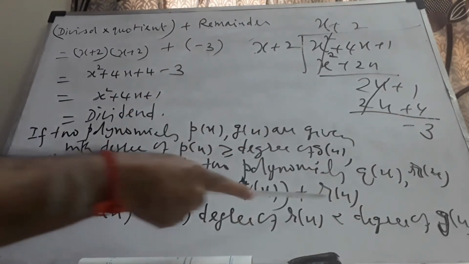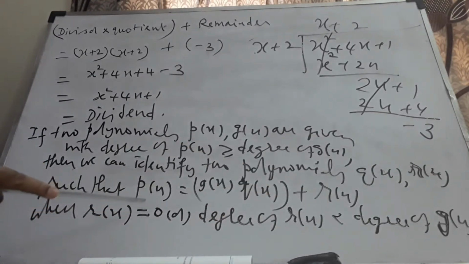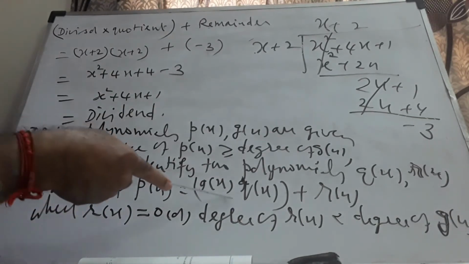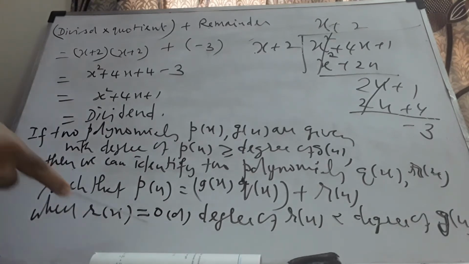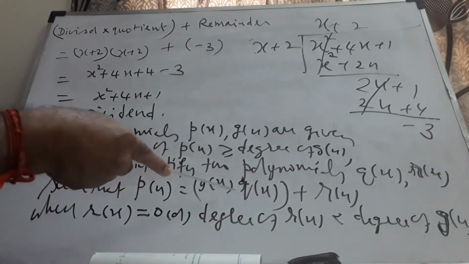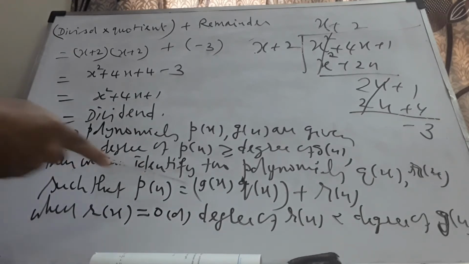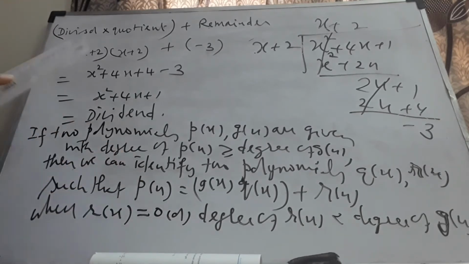If r of x is exactly 0, p of x is divisible by g of x. If r of x is not equal to 0, p of x is not divisible by g of x. Or if r of x equals 0, g of x exactly divides p of x. If r of x is not equal to 0, g of x does not divide p of x. These are the things you are supposed to remember.